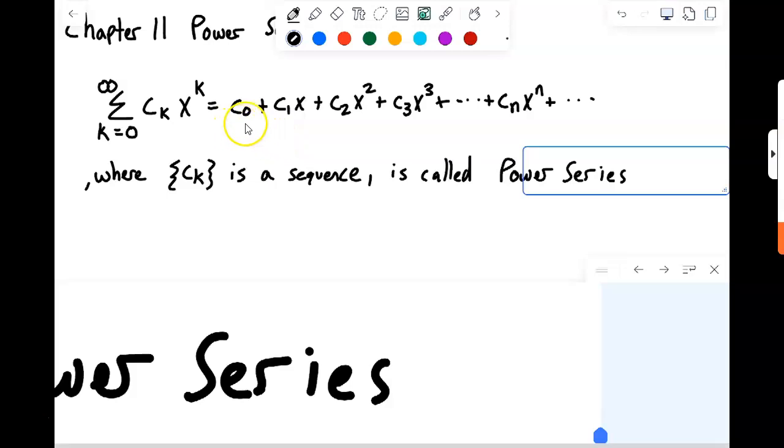For example, there's an infinite polynomial we can write that would always converge to the sine function, or the e to the x function, or the cosine function. This is called a power series.